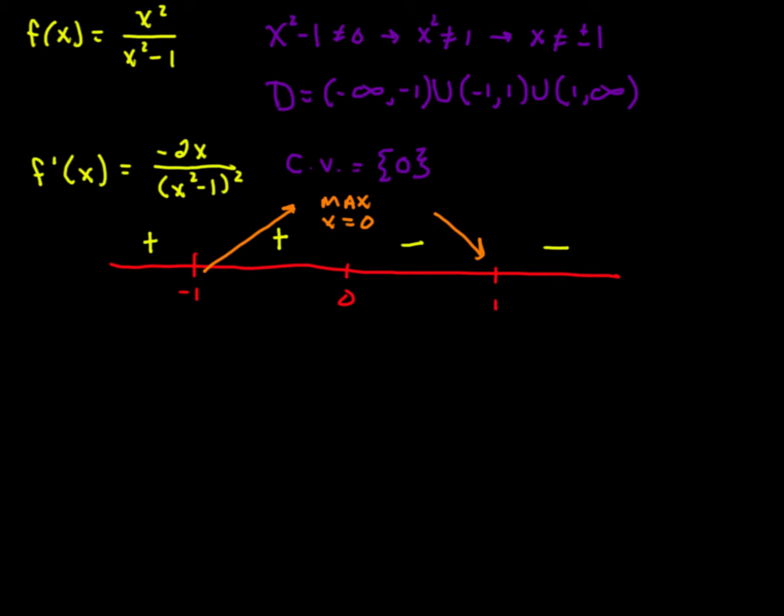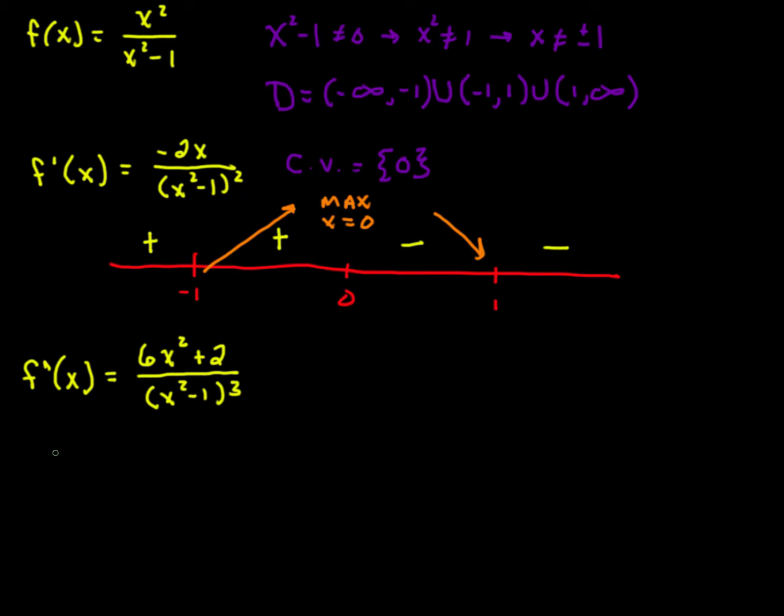Now the second derivative, if I look at f double prime of x, again, we have to do quotient rule again with this, but what we would get is (6x squared plus 2) all divided by (x squared minus 1) cubed.